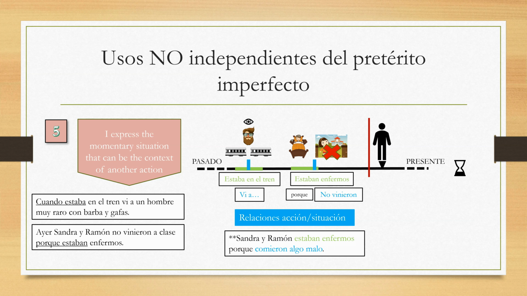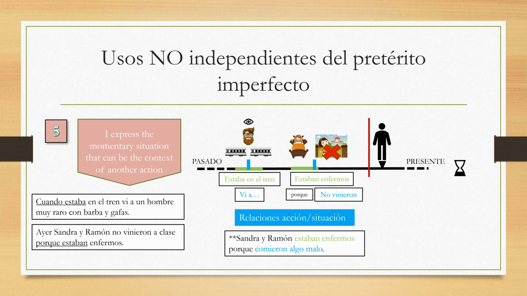If we compare, Sandra y Ramón no vinieron a clase porque estaban enfermos, we see that we can use both tenses as the reason. So you cannot just think, oh, okay, easy, I got it.